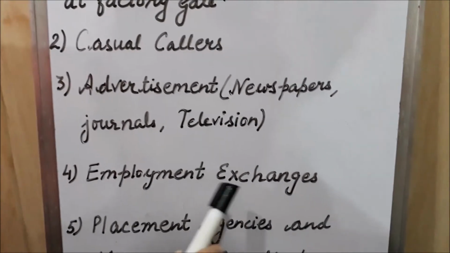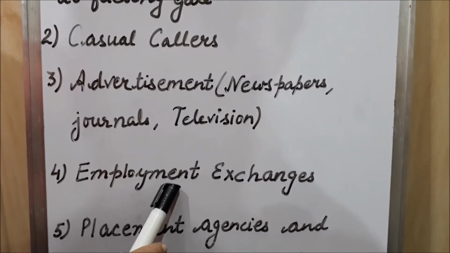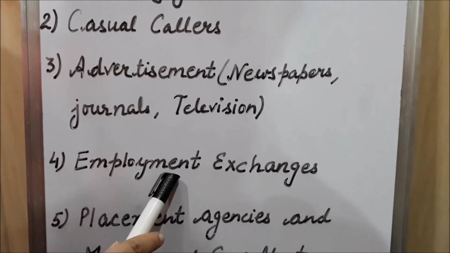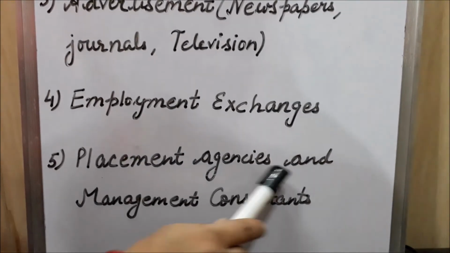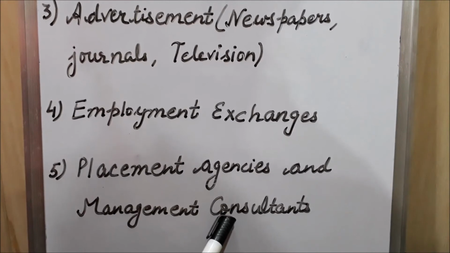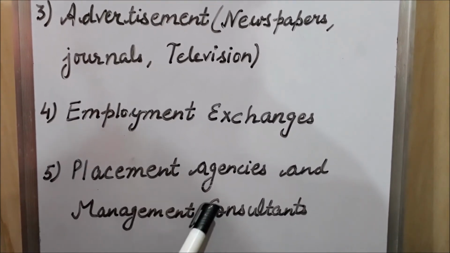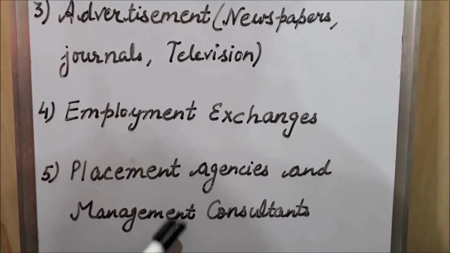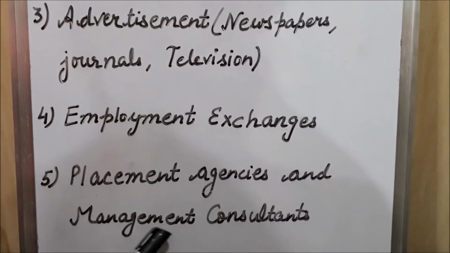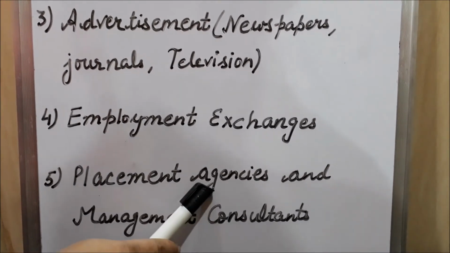Then employment exchanges, which are government organizations, maintain a link between job seeker and companies. Placement agencies and management consultancy firms also perform the same task, but for their services these two organizations charge fees.